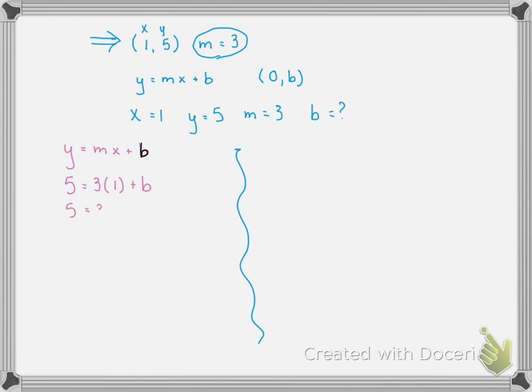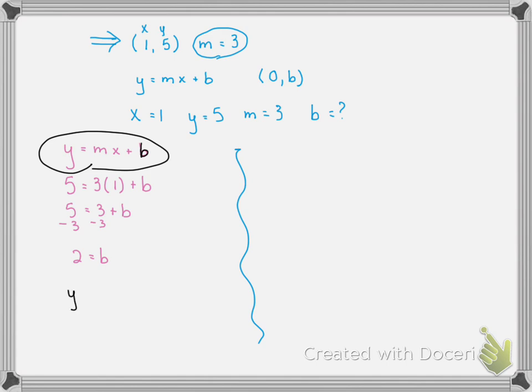So 5 equals 3 plus b, subtract 3 from both sides, and we get that b is equal to 2. Now that you know what b is, you are going to go back to your slope-intercept form and fill it in where it belongs.